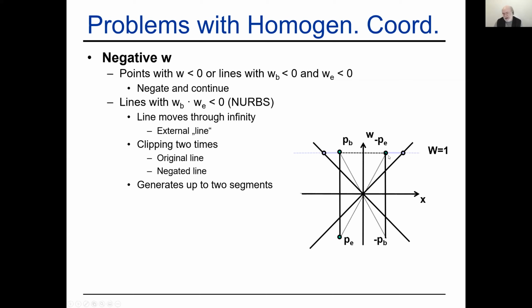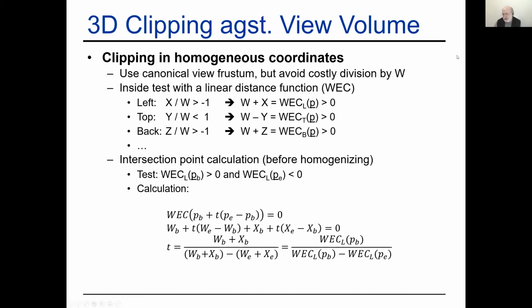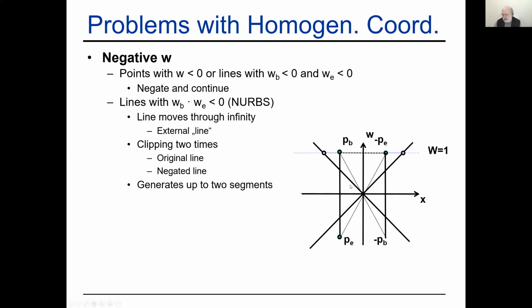And so what we need to come up with now is a clipping algorithm that can deal with this. And these window edge coordinates that we just defined on the previous slide deal with this, because they don't divide by W, so they clip against exactly this 45-degree cone here.